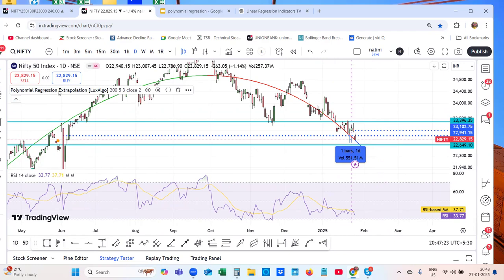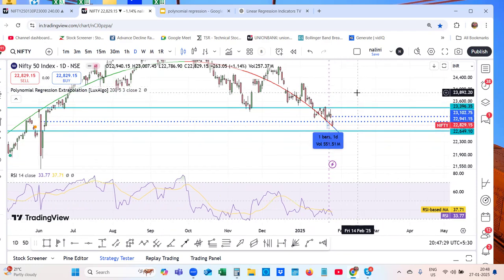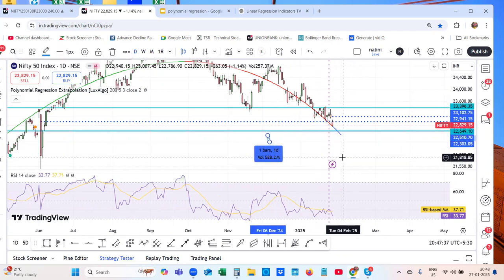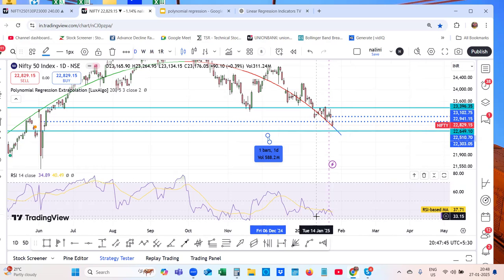The polynomial regression is another advanced indicator you can utilize for your trade, for trend identification, and also confirmation of your entry, and with the help of RSI and VWAP, you can enter into it.